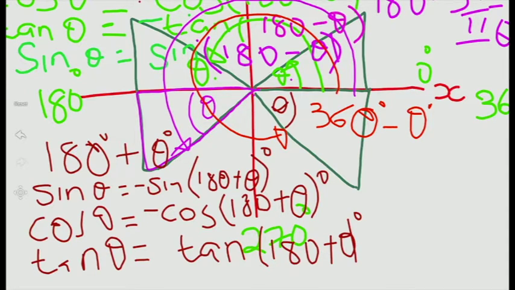Sine is opposite over the hypotenuse. Opposite is y, y is negative. Cosine is adjacent over hypotenuse. The adjacent lies on the x-axis, which is positive in the fourth quadrant. So we have positive cosine.